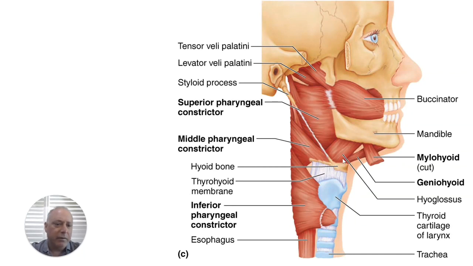Taking a lateral view, there are pharyngeal constrictors. There's a superior pharyngeal constrictor, a middle, and an inferior pharyngeal constrictor.